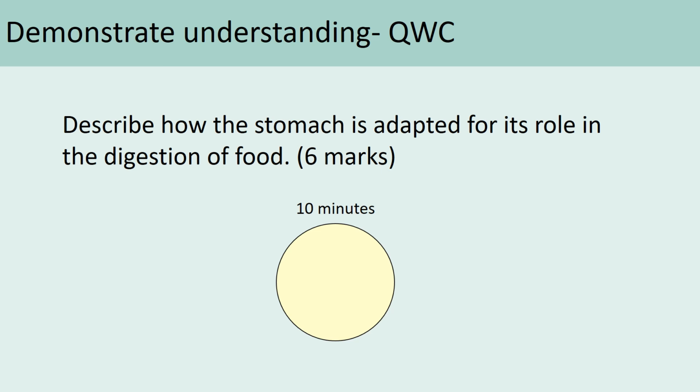And it's going to be worth 6 marks. So I'm going to ask you to pause this video and have a go at answering that question. If you're really struggling, then go back. There is the slide that had the picture of the stomach and different tissues that are involved in it. So have a go at describing how the stomach is adapted for its role in the digestion of food. So if you could pause now.